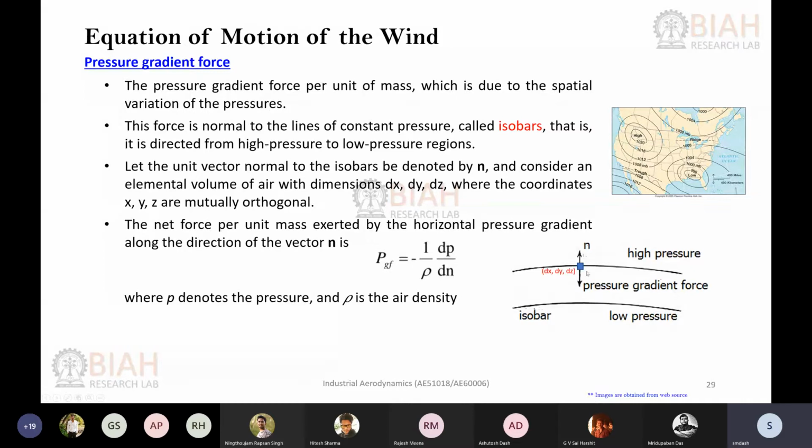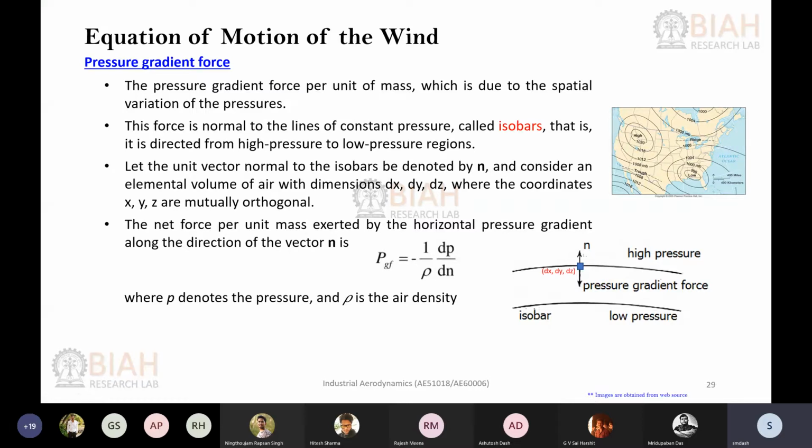Then you can represent how much pressure gradient force this air molecule will experience because of this high and low pressure. That will be PGF equals minus 1 by rho dP by dn. This you can derive, it is not so difficult from the Taylor's expansion.